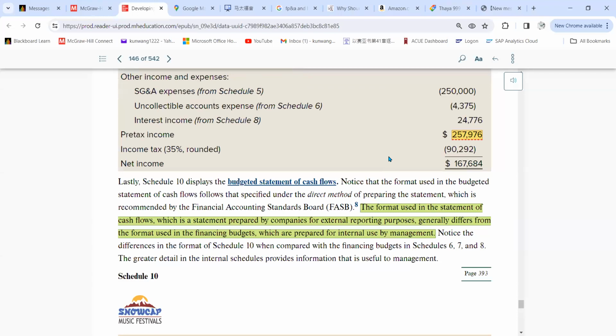And finally, the statement of cash flow, which is the presentation of our cash change over the budgeting period, but for external users. So it is disclosed to your investors or to the IRS and some external stakeholders. So this is not a repeating of the cash budget we made for internal management.